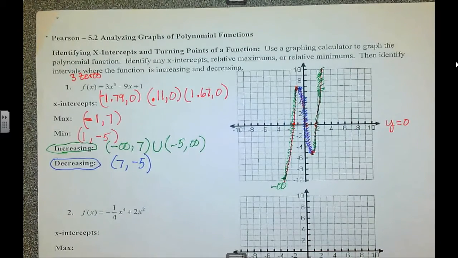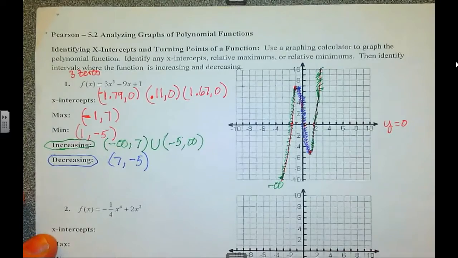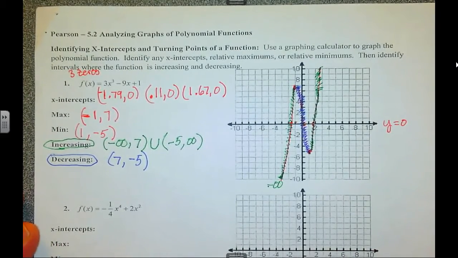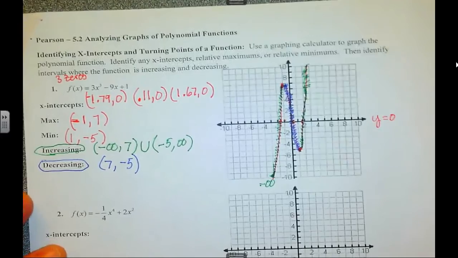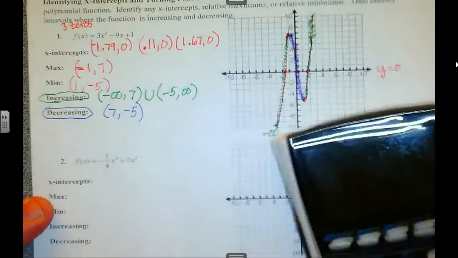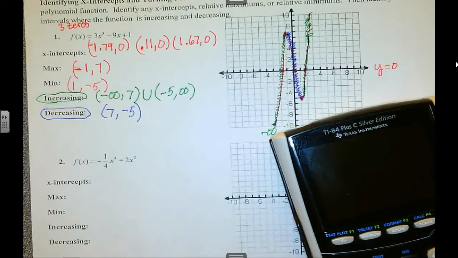All right, I'm going to do one more. Maybe 2 more. Let's do number 2. Graph along. Feel free. Grab a calculator.